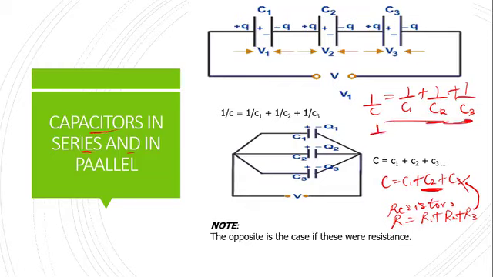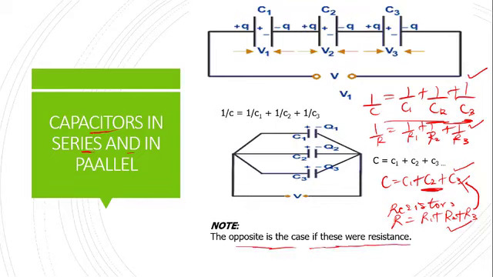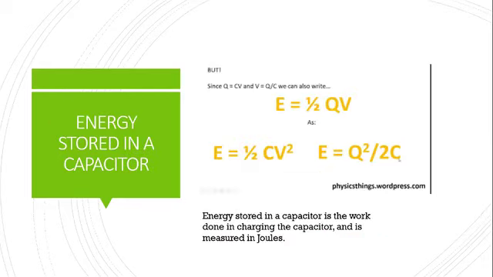Whereas for resistors connected in parallel, we have 1 over R equals 1 over R1 plus 1 over R2 plus 1 over R3. This is for capacitors in series, this is for resistors in parallel. This is for capacitors in parallel, this is for resistors in series. So the opposite of what is done in resistors is what we do in capacitors.